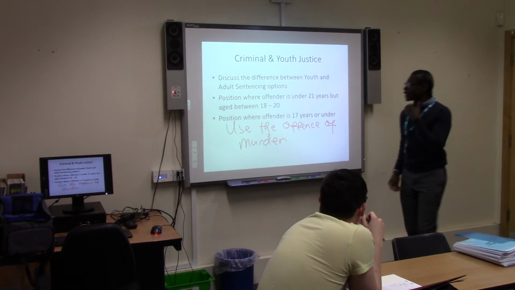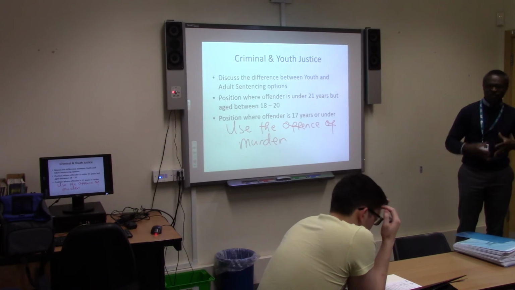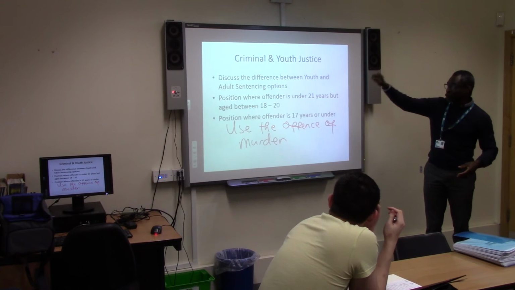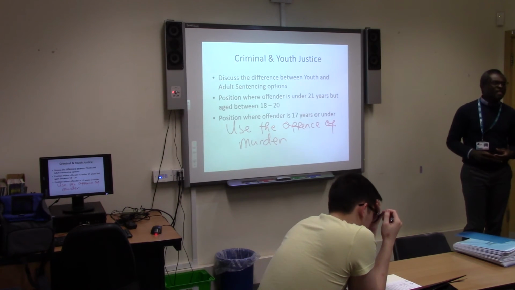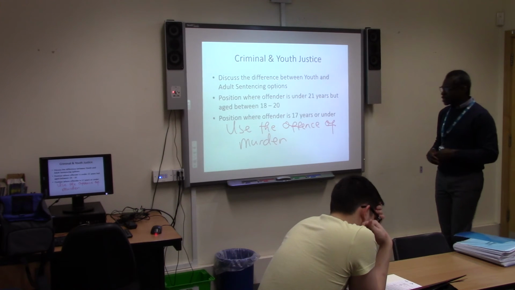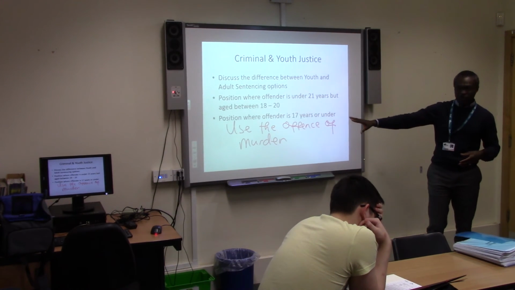Have a look at the sentencing options or tariffs or terms that you get based on how old you are. So under 21, between 18 and 20 and also 17 and under. So it's all about numbers really, so have a look at the English legal system by Gary Slapper. Again, there's a whole lot of information regarding that in your textbooks.